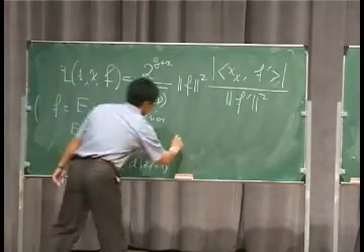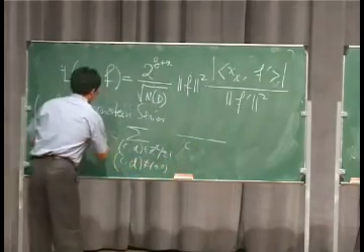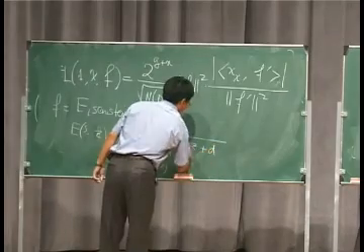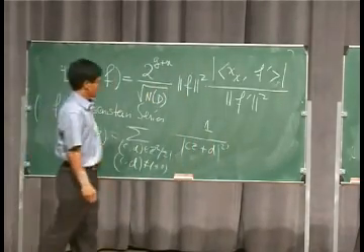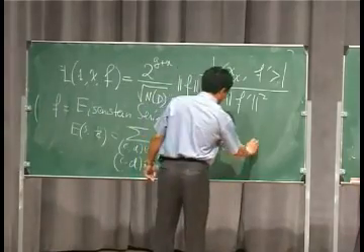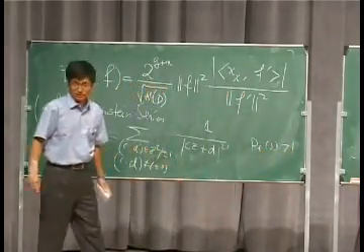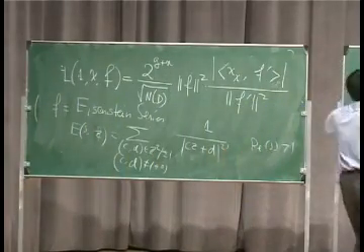Then you get (cz plus d) to the s, right? You want the real part of s to be bigger than 1 to make this convergent. This is an Eisenstein series.